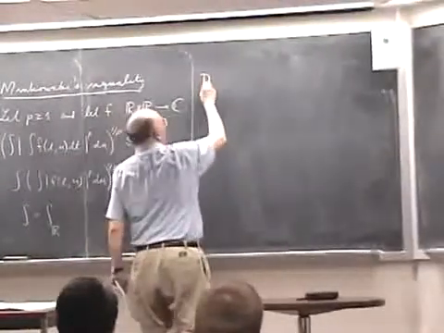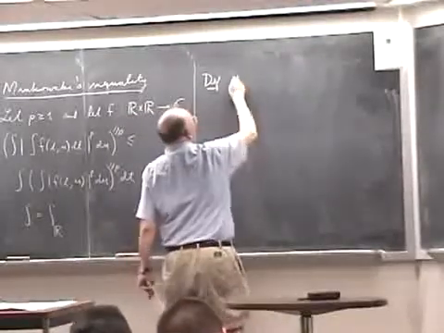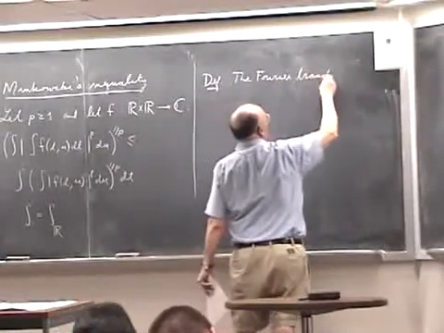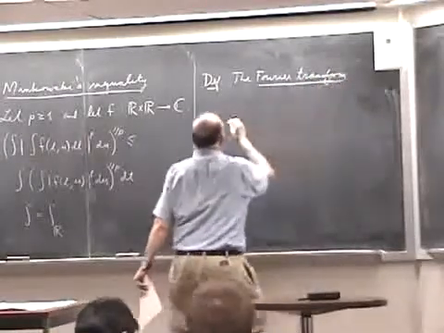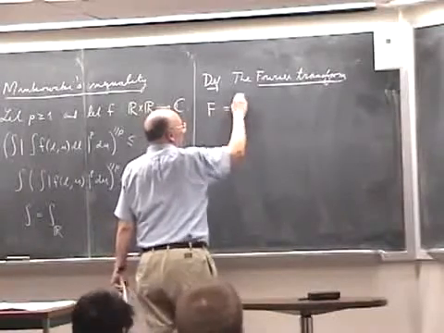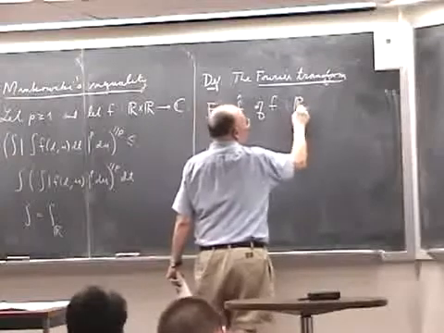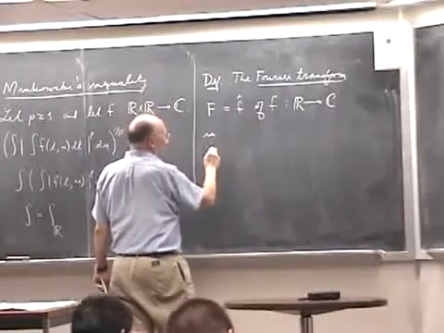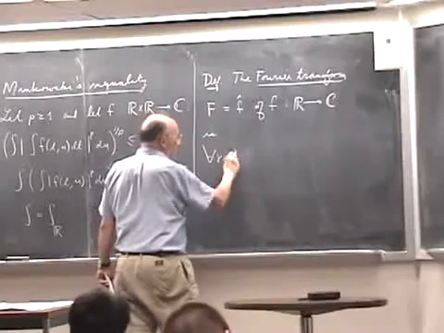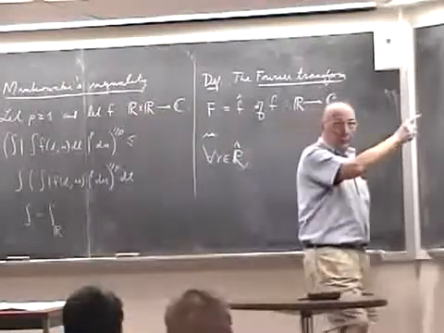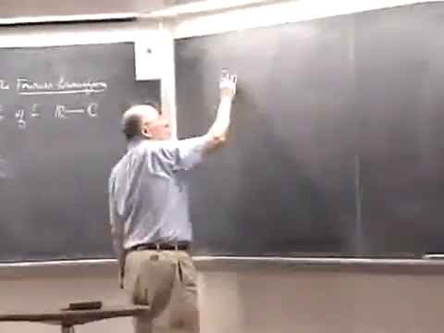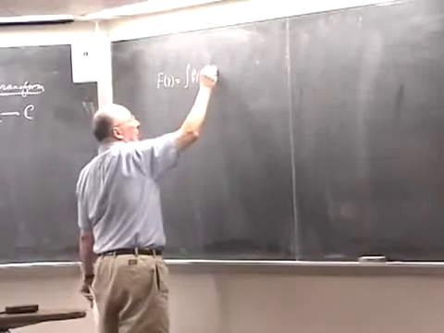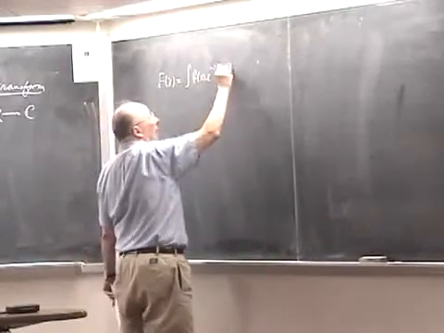So the definition of the Fourier transform, capital F, I'll use that, or I'll use f hat, of the function f from R to C is a function defined by, for every gamma in R hat, let me write it over here, F of gamma is equal to the integral of f of x e to the minus 2 pi i x gamma dx.